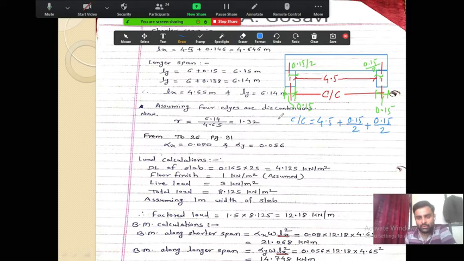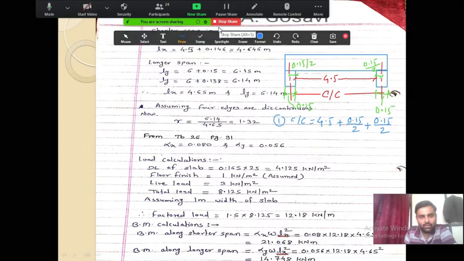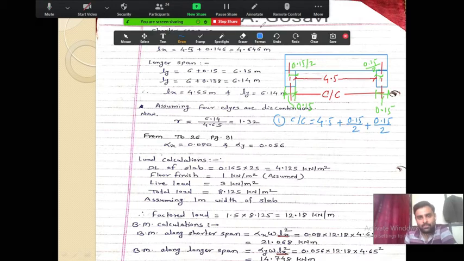This is one condition, that is what is done over here. It is 4.5 plus 0.15, it is 4.65, so this works out to be 4.65 meter.